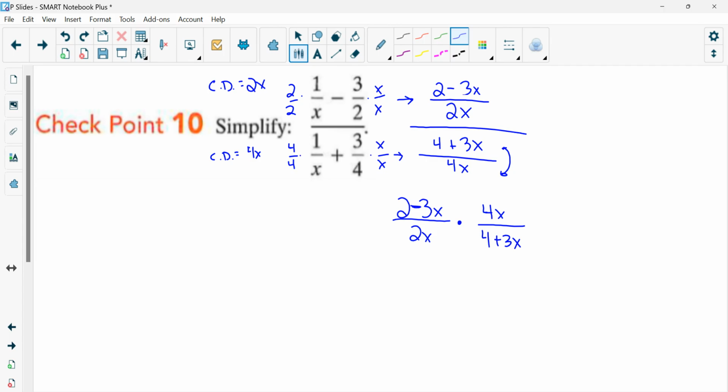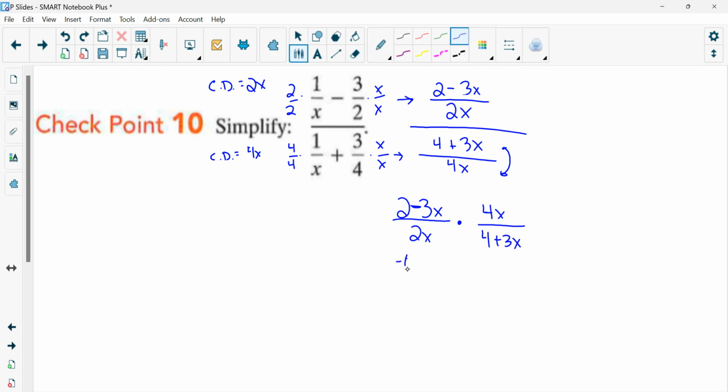So we want to factor anything we can factor. In this case, there's no GCF I can factor. So I am just going to leave it as 2 minus 3x. I mean, I could pull out a GCF of -1. So why don't we do that? We'll pull out a GCF of -1 here.